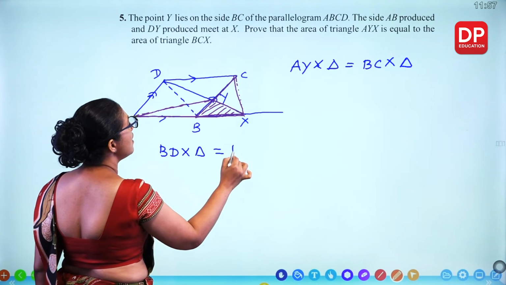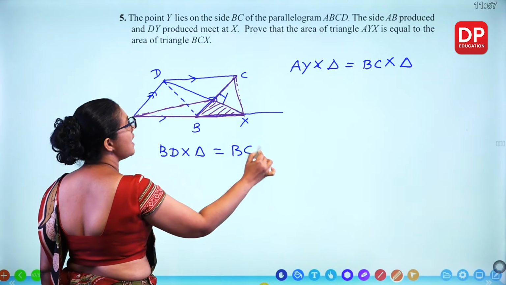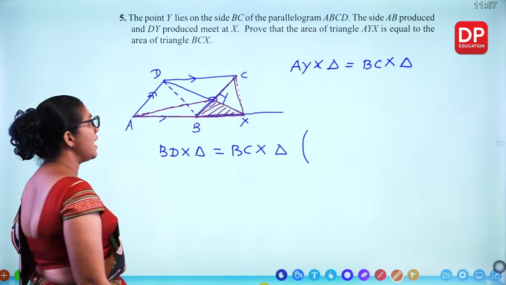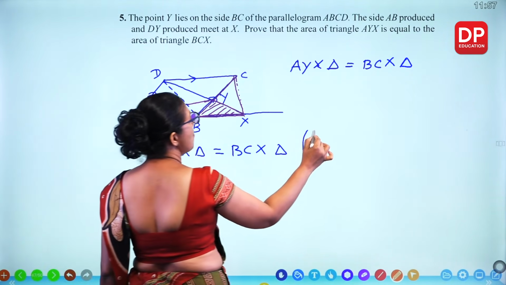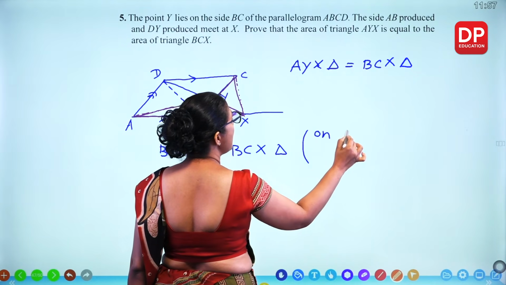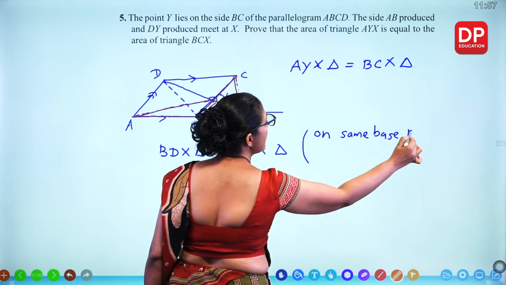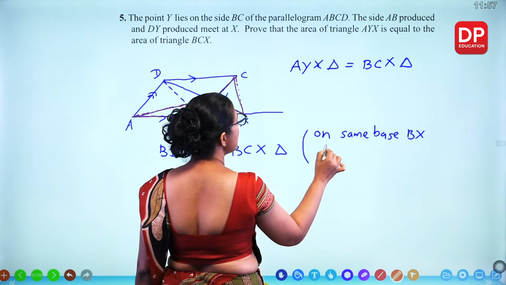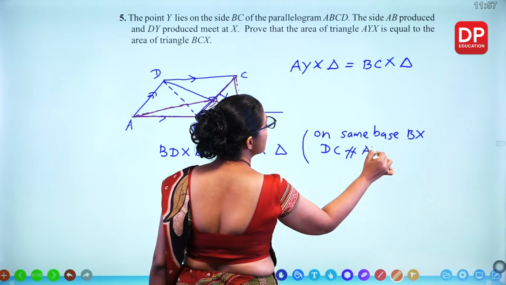Those are equal. BDX and BCX triangles are equal in area because both are on the same base BX and in between parallel lines DC and AX.